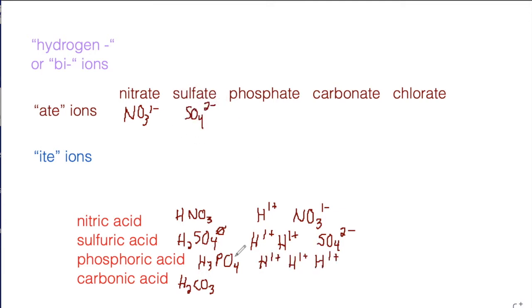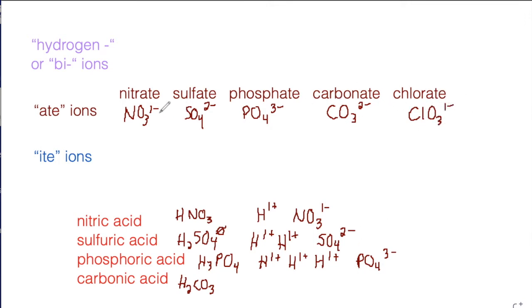Since phosphoric acid has 3 positive hydrogens in it, the PO4 ion must be negative 3 charge. So we have phosphate being PO4 with a negative 3 charge. And so forth. We have carbonate, CO3 with a negative 2 charge. Chlorate, I don't have from the acid, but it's ClO3 with a negative 1 charge.